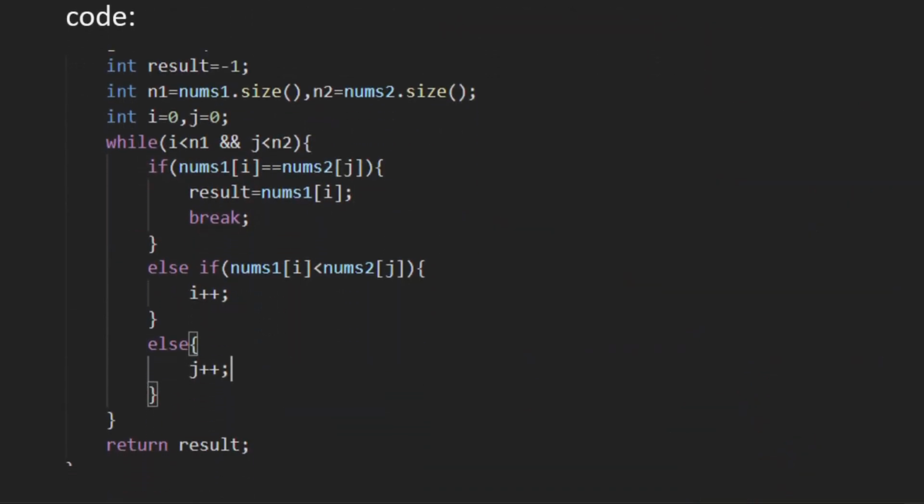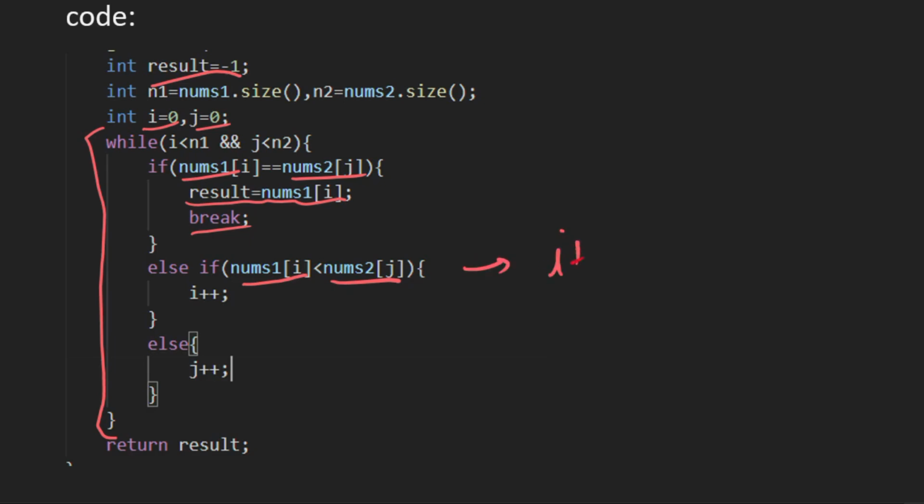Initially in result we have stored -1, then we have taken two pointers i and j, and then we use a while loop. If both the elements are equal, that will be our result, and then we break the loop. Else, if nums1 of i is lesser than nums2 of j, we shift i by 1, else we shift j by 1.